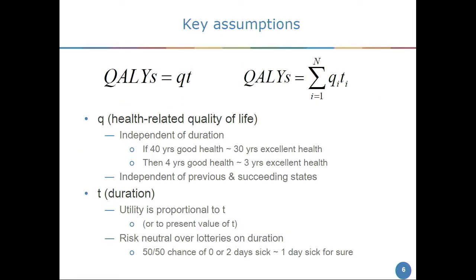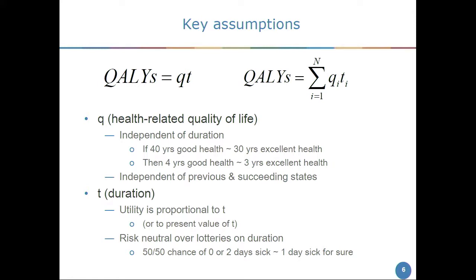Okay, so under what conditions would QALYs be consistent with an individual's preferences for her own health? Here I'm drawing from a paper by Don and two colleagues some time ago. There are essentially two. One is the health-related quality of life associated with a health condition is independent of the duration of time in that health state, also independent of the health states that come before and after.